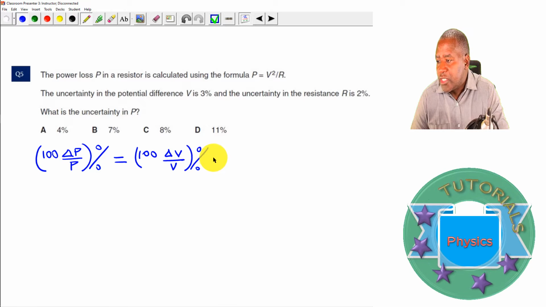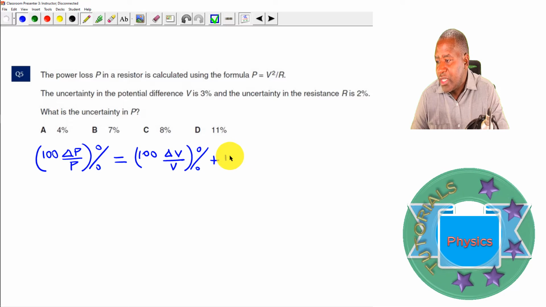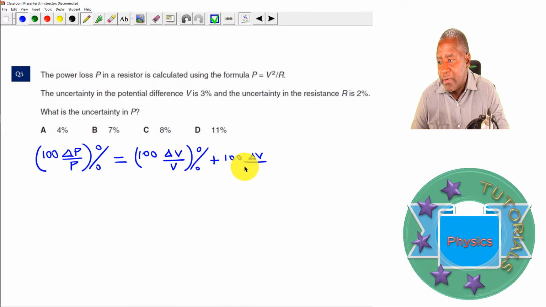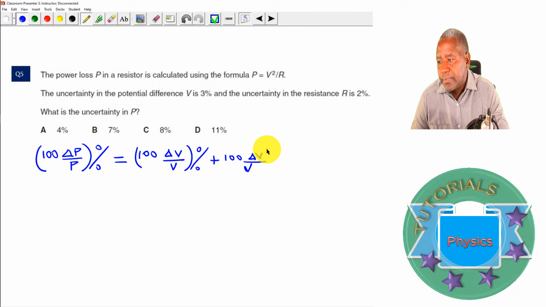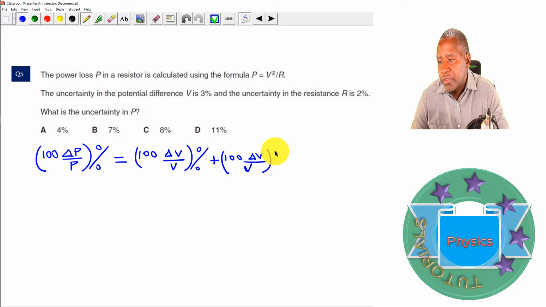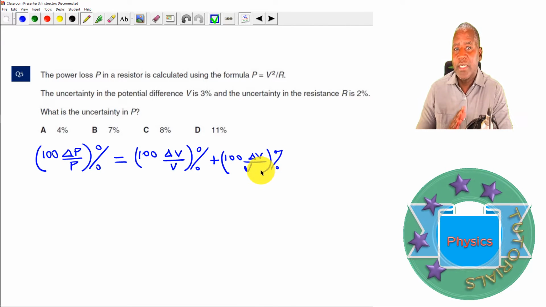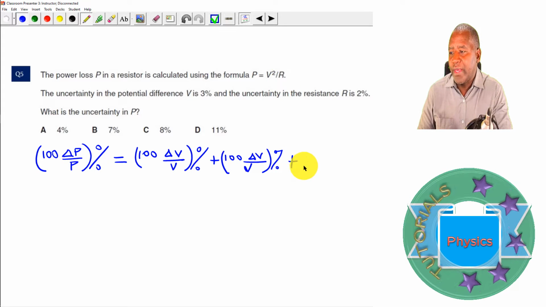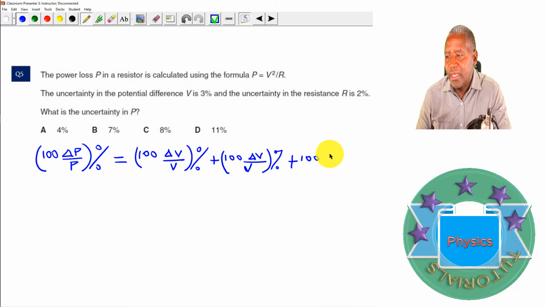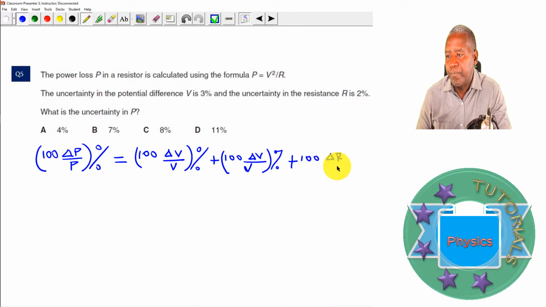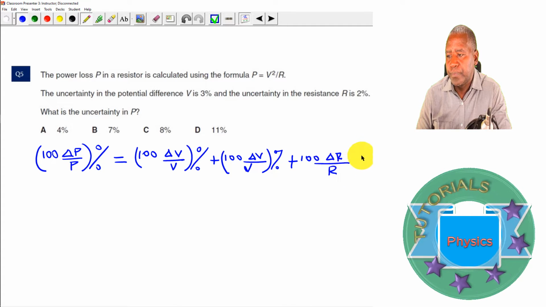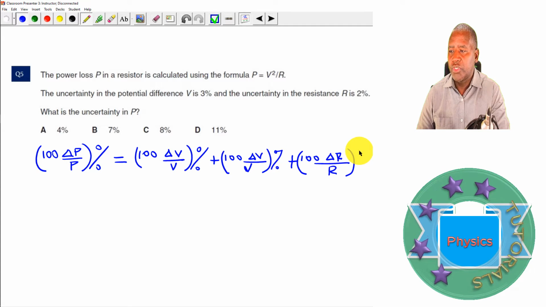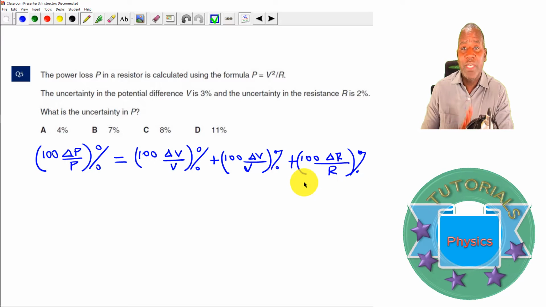But since you may be encountering this for the first time, let me just write it down so that we can draw a certain conclusion. Then plus the percentage uncertainty in R. So that is what happens.